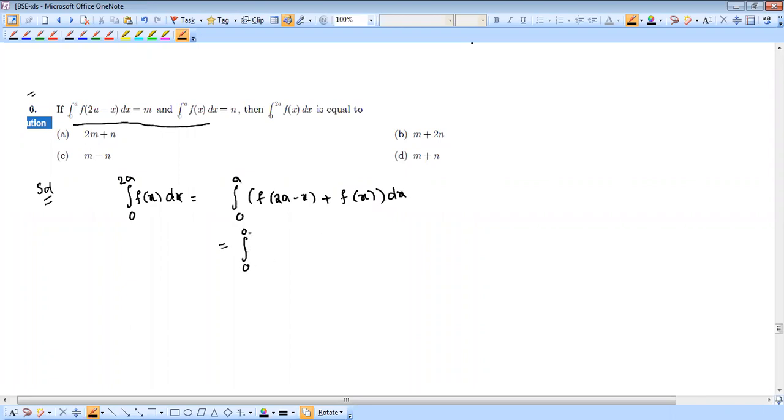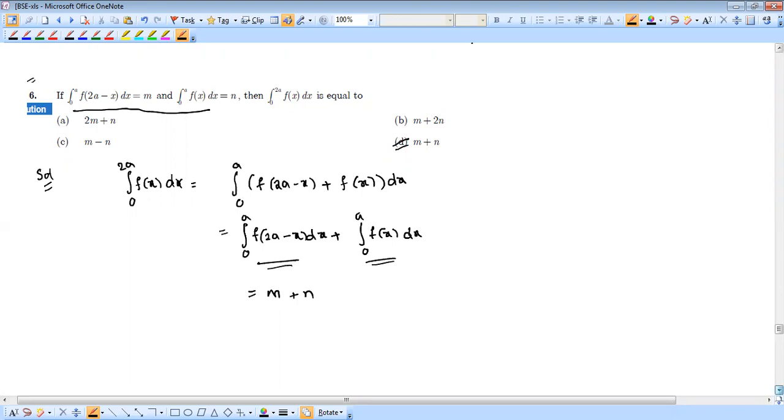So now, integration 0 to a, if you write separate integrations based on the question, 0 to a f of x dx. This value is given in the question as m, and this value is n. So the total is m plus n. Option D is the right answer.